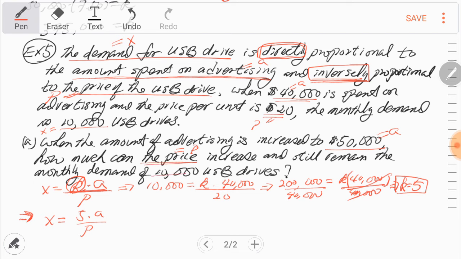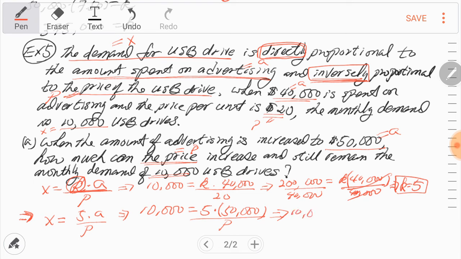So D is still 10,000. So from here, D is 10,000. And then 5 times A is the advertising amount, 50,000, divided by P. So let's multiply each side by P.